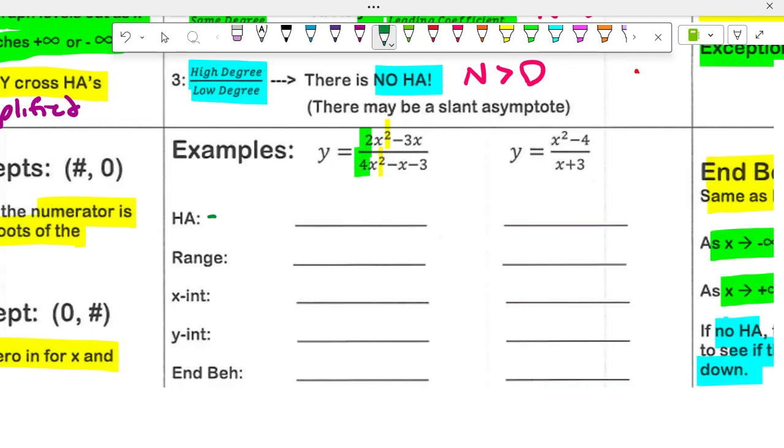So my horizontal asymptote is going to be at 2 over 4, which simplifies down to what? 1/2. So horizontal asymptote is at y equals 1/2. So that means my range is what? All real numbers except y cannot equal 1/2.